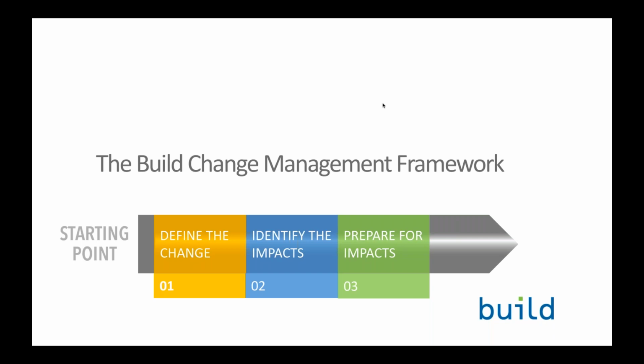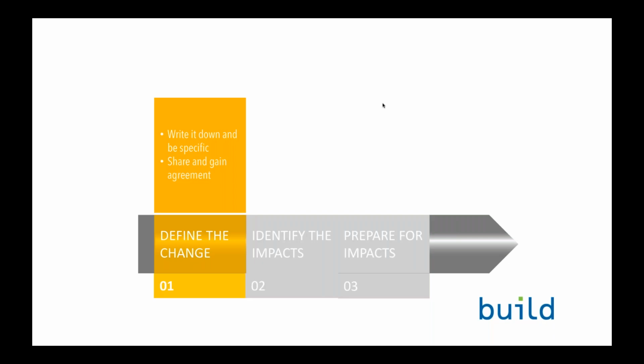This framework works regardless of whether you're talking about a really small change, like a minor process tweak or adding some additional fields, etc., all the way up to a large change with, say, a huge CRM system implementation or financial system implementation. So a little more detail on what happens in each of these phases. This first one, defining the change, I can't overemphasize how important defining your change is.